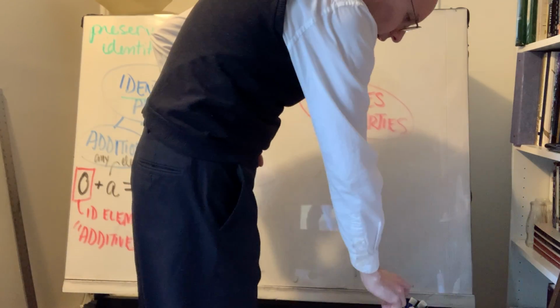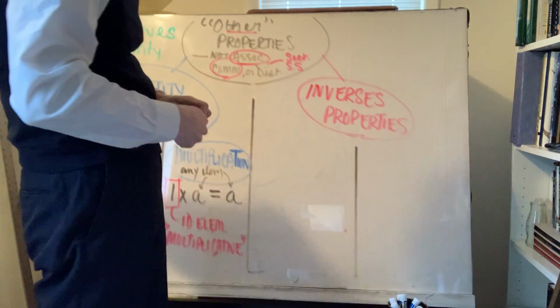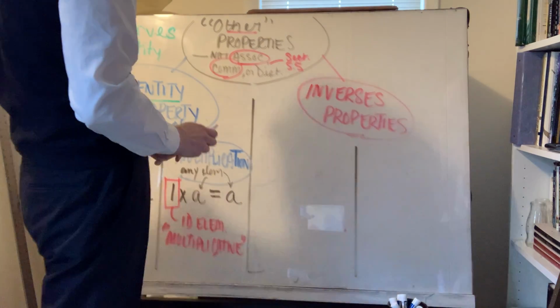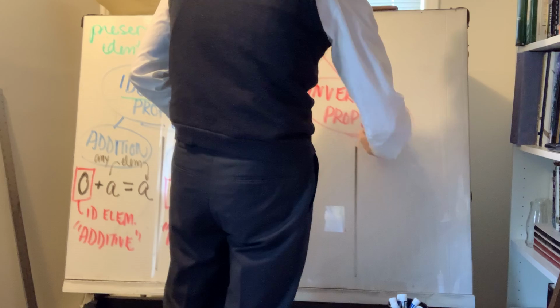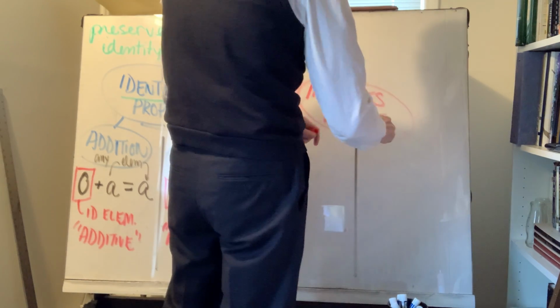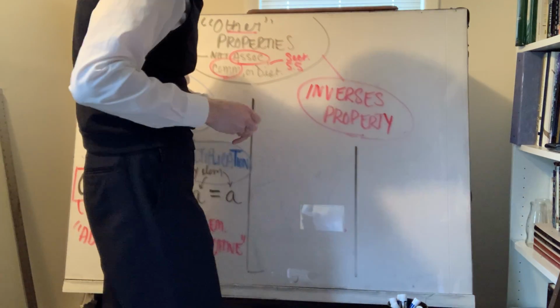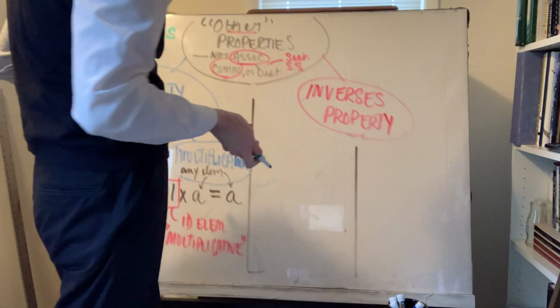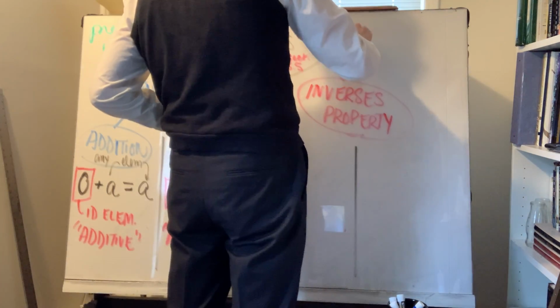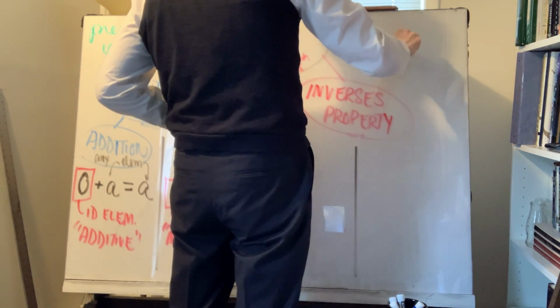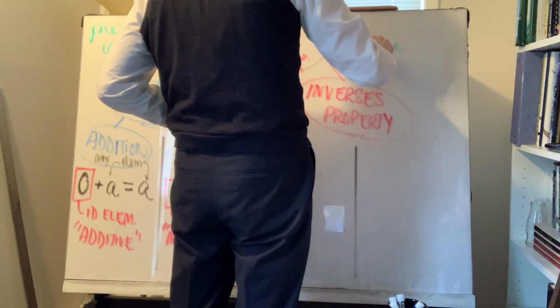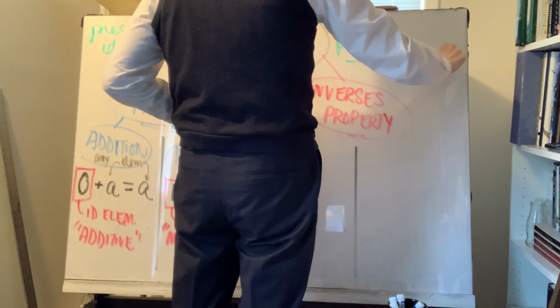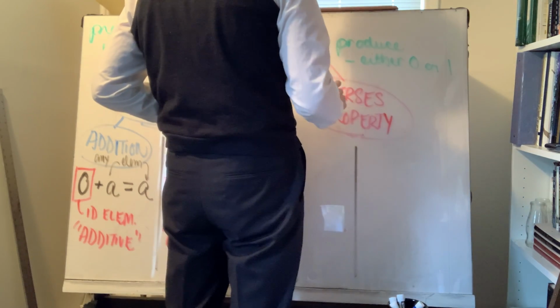All right, now over here, for inverse properties, and again, I'm just going to put this in singular form here. All right, what is their job? Right, if you want to describe jobs here. They produce either a 0 or a 1. Right?